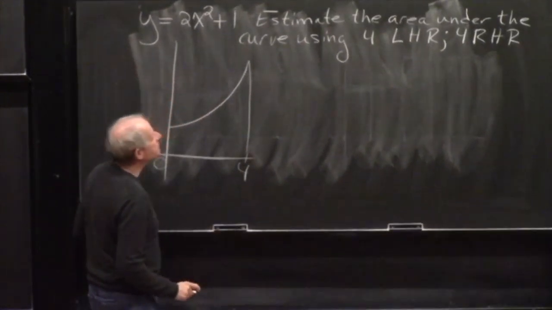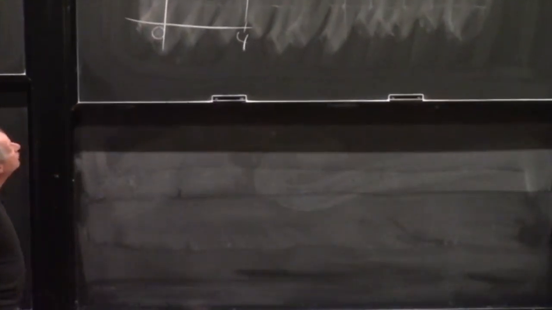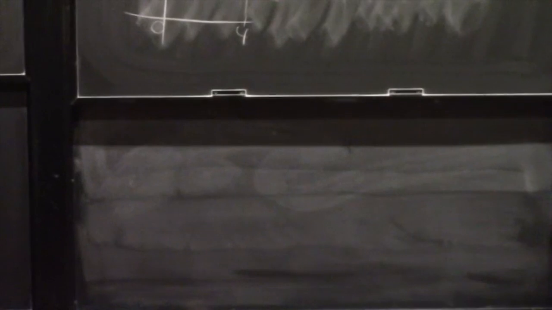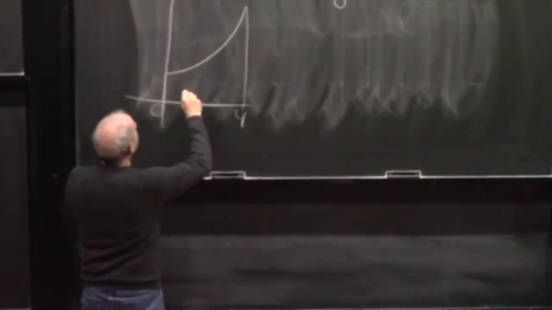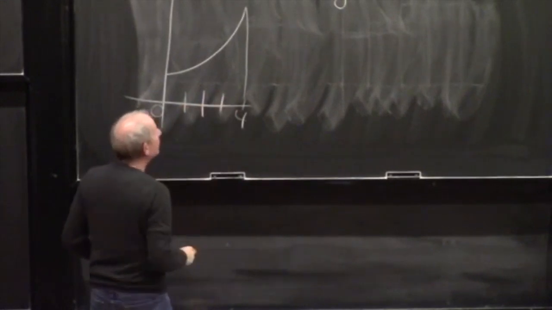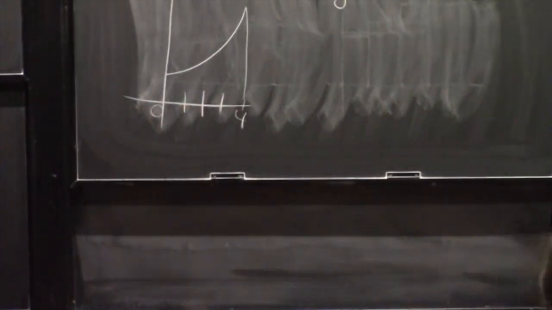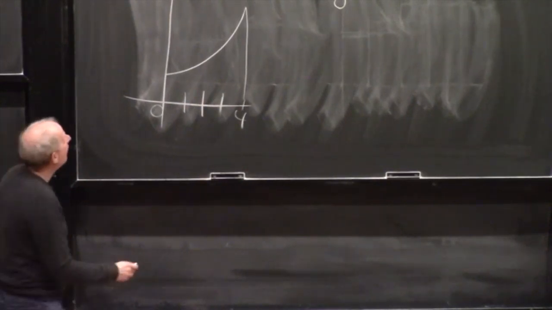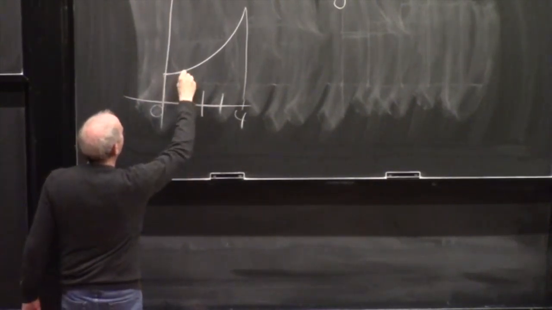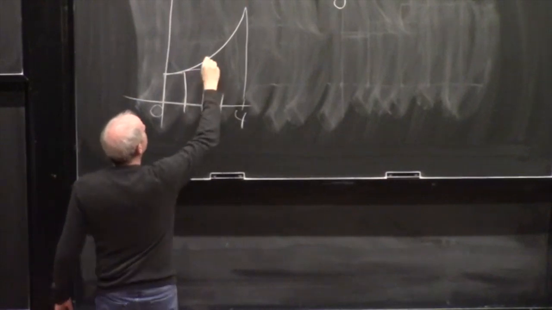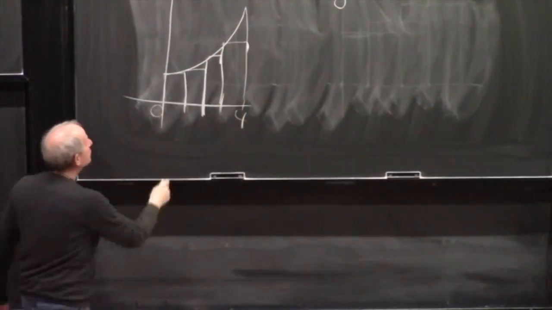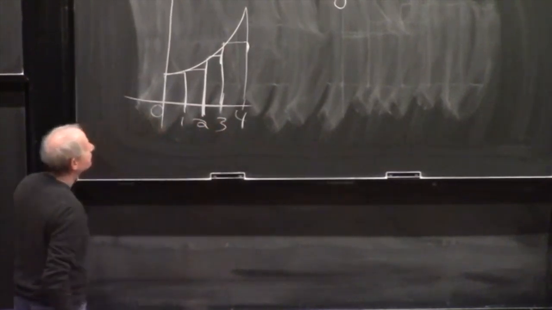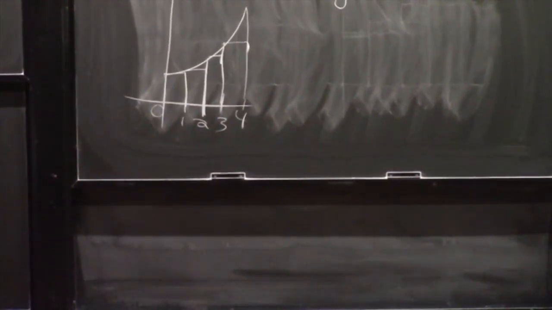All right, so let's do this. If we want to estimate the area from 0 to 4, our rectangles are going to be at 1, 2, 3, and 4. Okay? Just like the last problem. That's going to be our 4 rectangles. The width of each of those is 1.